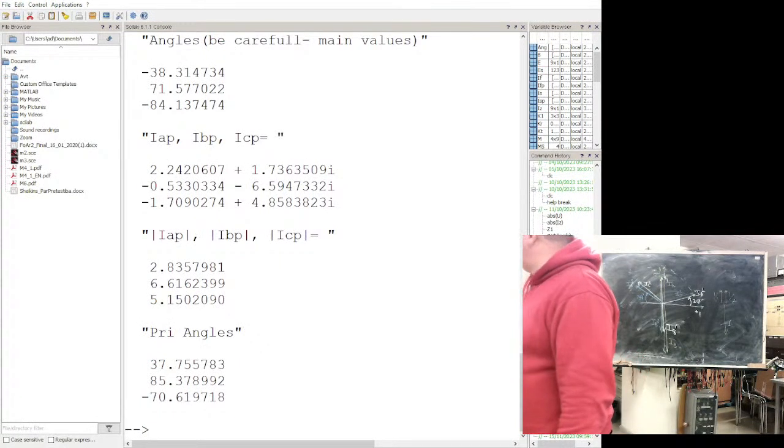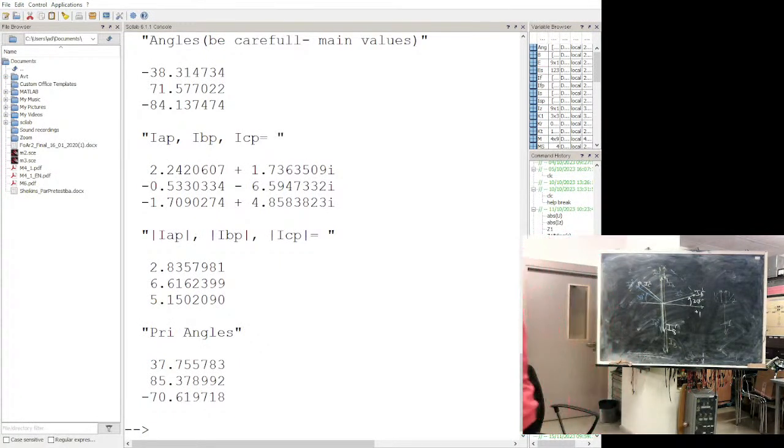My asynchronous machine. Let's try to see. Voltage applied. There is the A phase. This should be phase A.